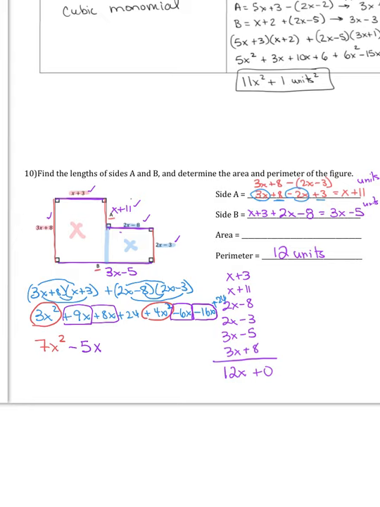And then finally, we'll have 24 plus 24 is 48. And so this is going to be 7x squared minus 5x plus 48 units squared.